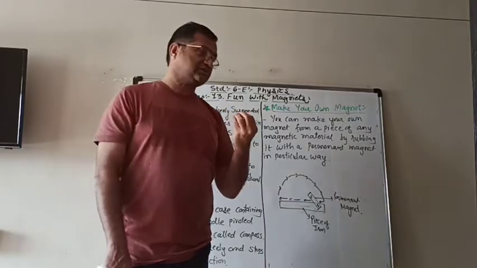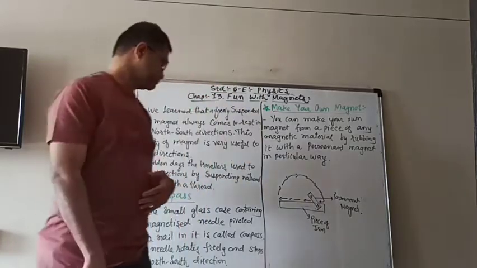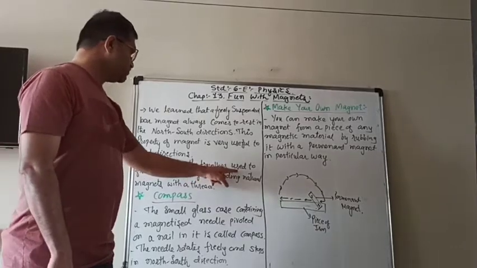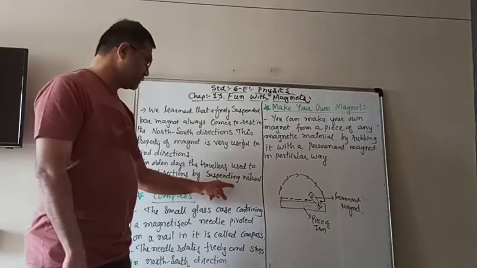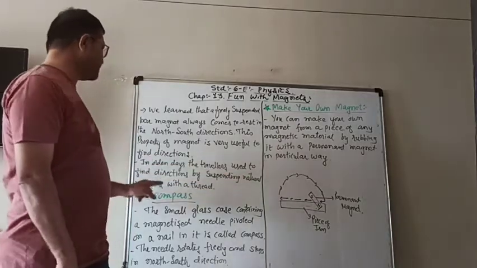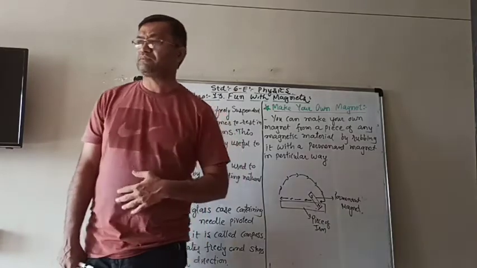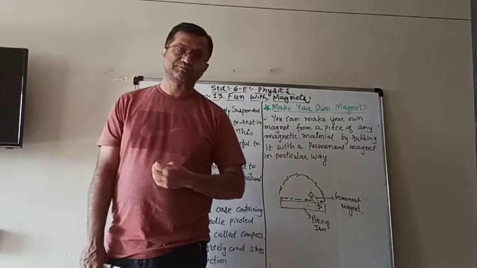It is said in some stories that in olden days travelers used to find directions by suspending natural magnets with a thread. When they were traveling, they always took that natural magnet with them.